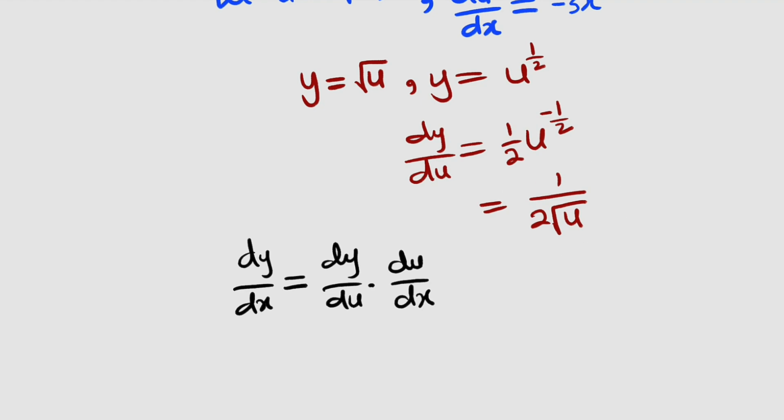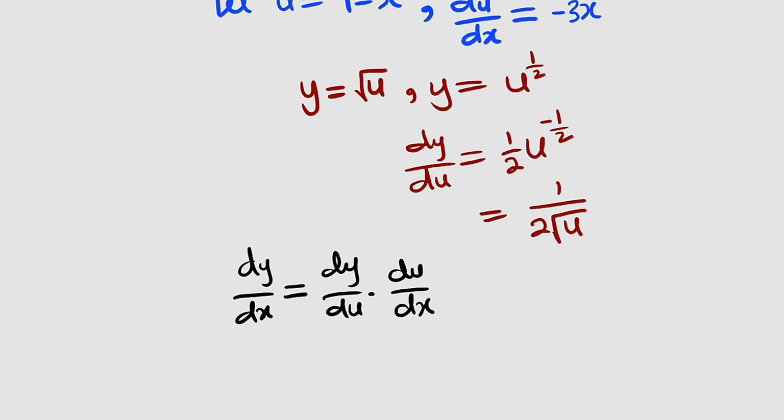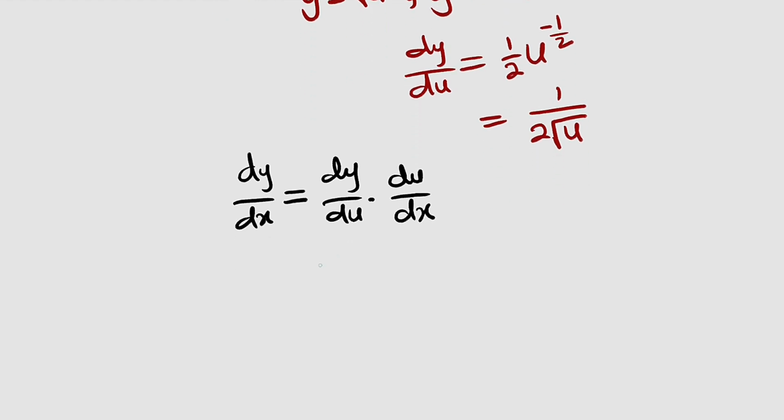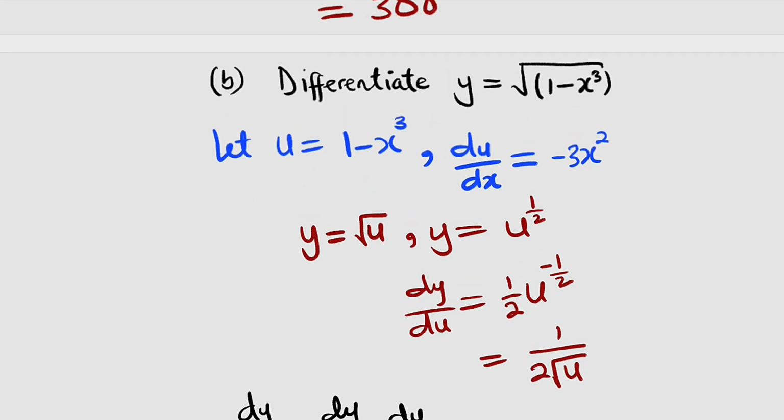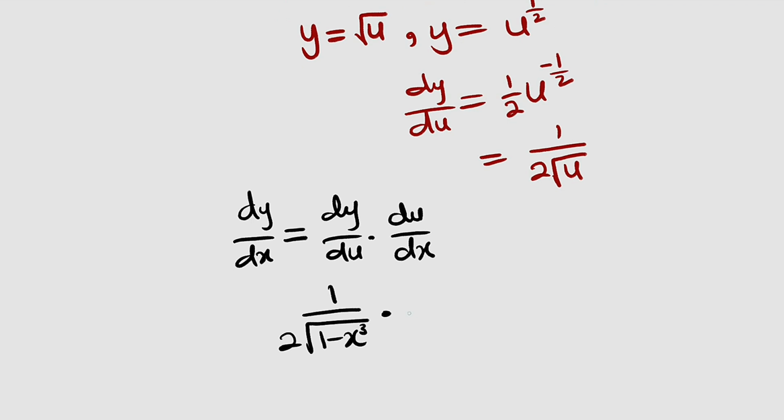But remember that u is equal to what? 1 minus x to the power of 3. So we have 1 divided by 2 multiplied by the square root of 1 minus x cubed. Then you multiply that with what? Negative 3x squared.